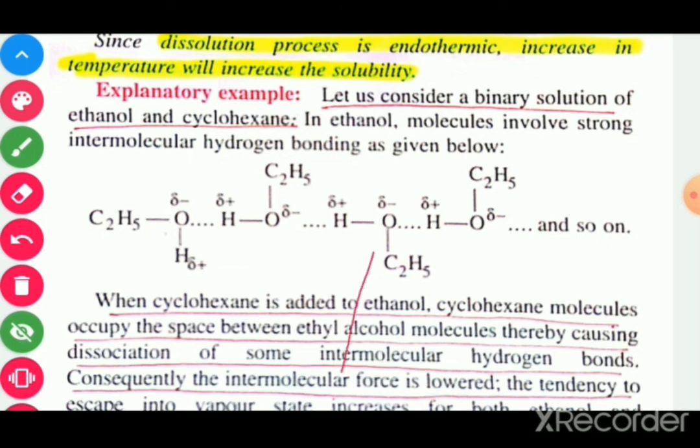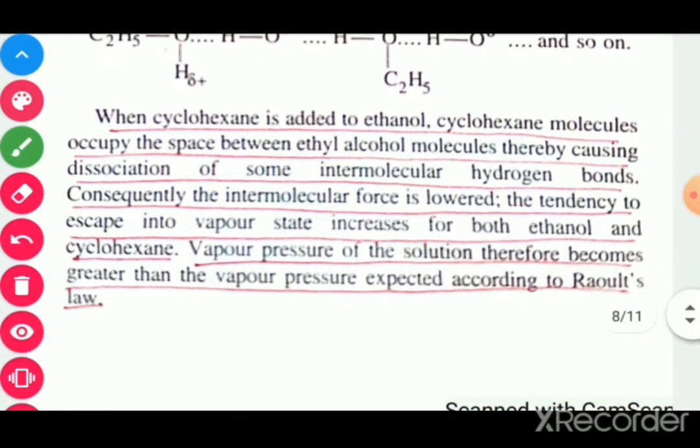Consequently, the intermolecular force is lowered. The tendency to escape into the vapor state increases for both ethanol and cyclohexane. The vapor pressure of the solution therefore becomes greater as compared to the vapor pressure expected according to Raoult's law.